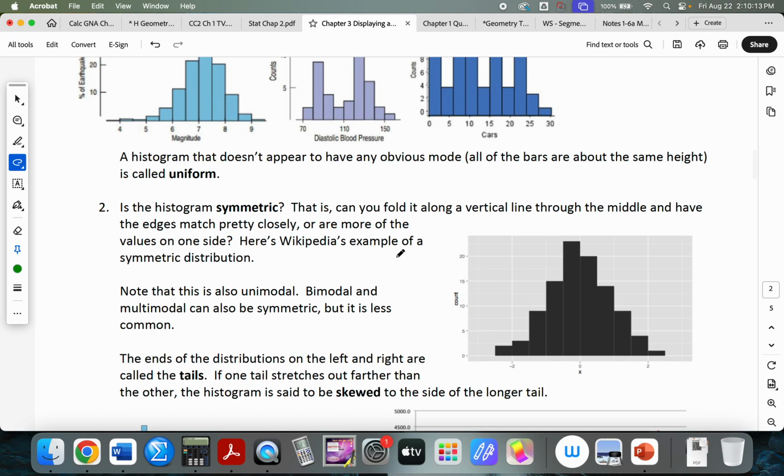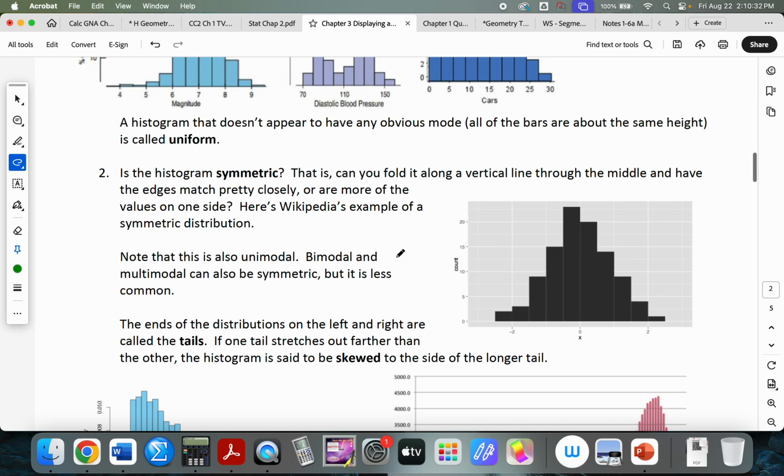Occasionally you'll have something where you have almost the same peak on both sides and then going down from there on both, and those two look almost exactly the same. Again, think about if you fold it in half in the middle of the graph, do the two halves kind of match up with each other?